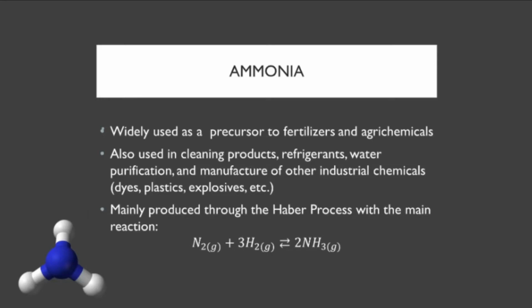In the industrial production of ammonia, it is mainly produced through the Haber process, in which the main reaction is depicted here. It is simply the combination of one molecule of nitrogen gas and three molecules of hydrogen gas to form two molecules of ammonia gas. And if you will notice, this chemical equation is written as a reversible reaction.